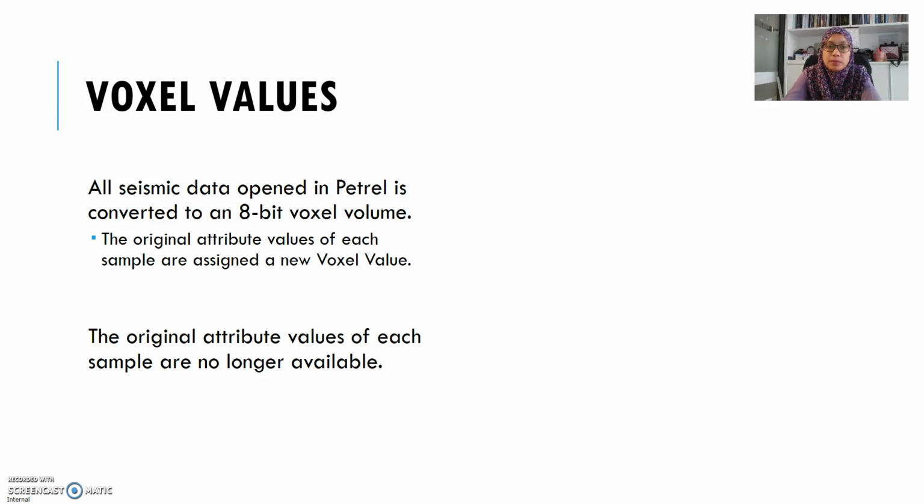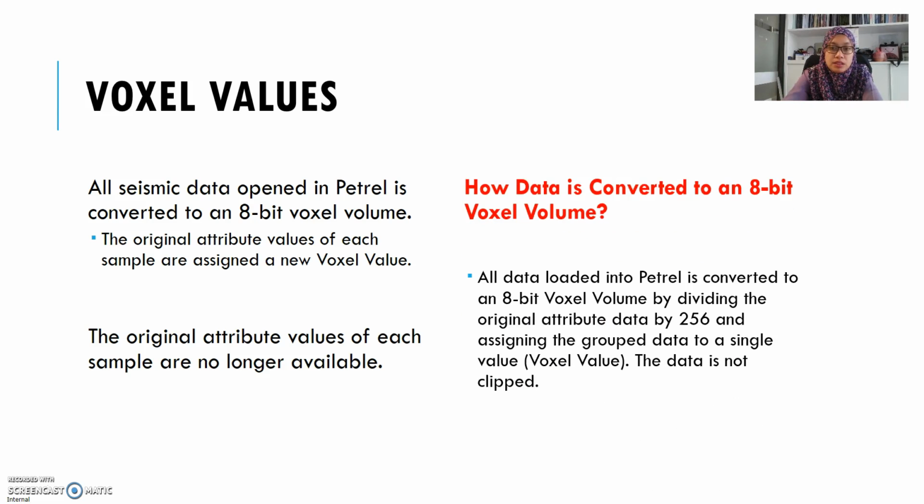All seismic data opened in Petrel or in any interpretation software can be converted to an 8-bit voxel volume. The original attribute values of each sample will be assigned to a new voxel value. This means that the data will be converted to an 8-bit voxel value.